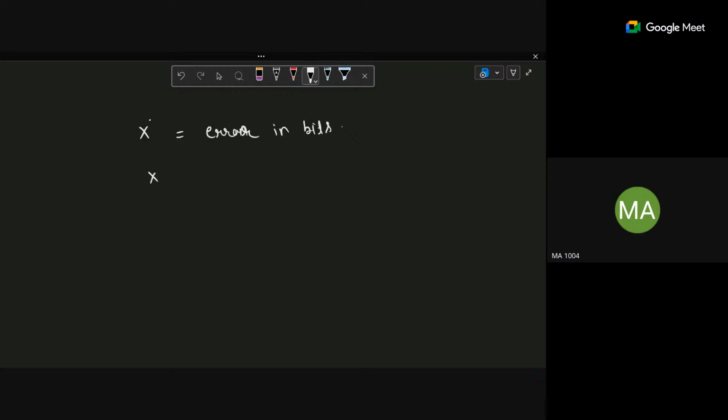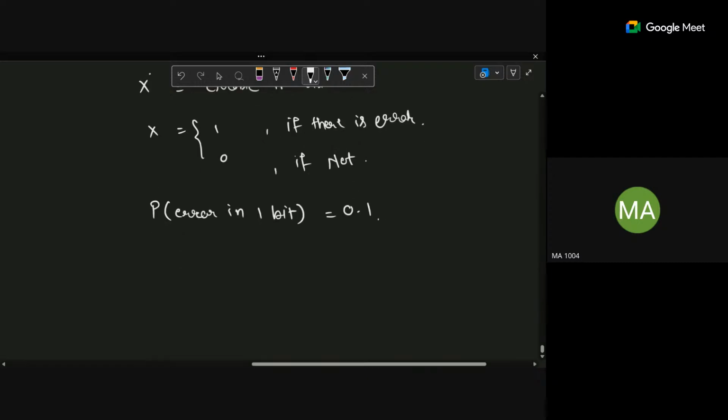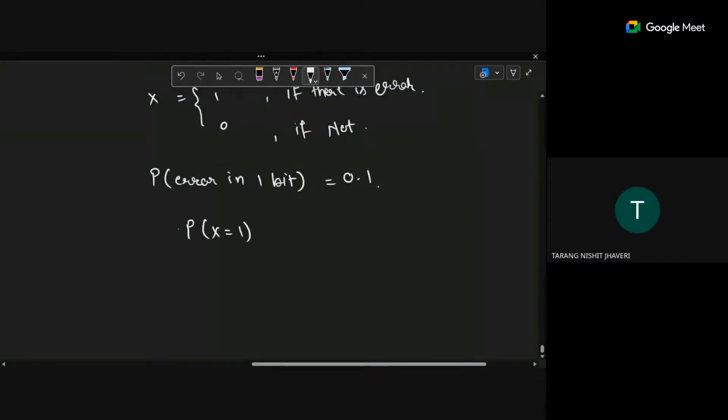So x will take either 1 or 0. If there is an error, 1. And if not, 0. Given that the probability of error in one bit is 0.1, can I say the probability x is equal to 1 is equal to 0.1, as I have defined it like that.